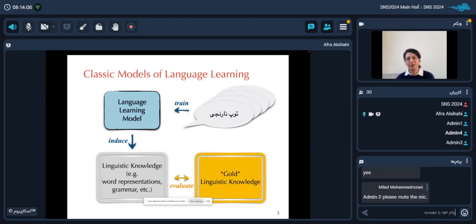Now, I want you to try to think about a human child, let's say, who is learning language according to this general scheme. So we are talking about a learner who listens to, or in this case, actually reads sentences that are coming to them without interacting with the environment in any way, right?